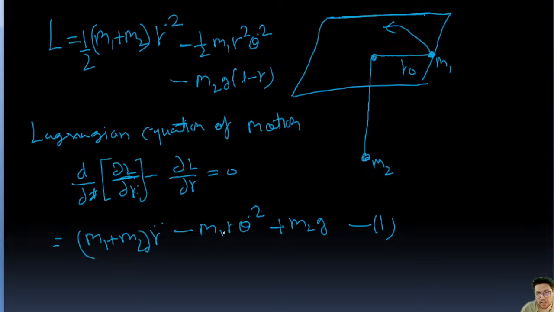This value is going to be m2 upon m1, r naught cube upon r cube g, that is the value, okay. So from equation 1, we will put the value of r theta dot square.